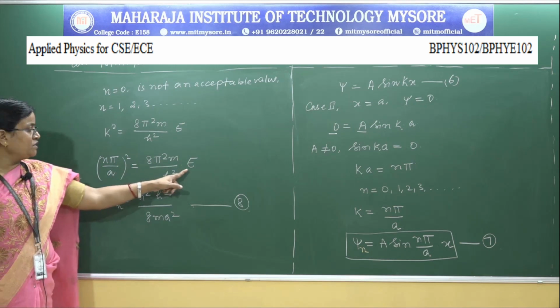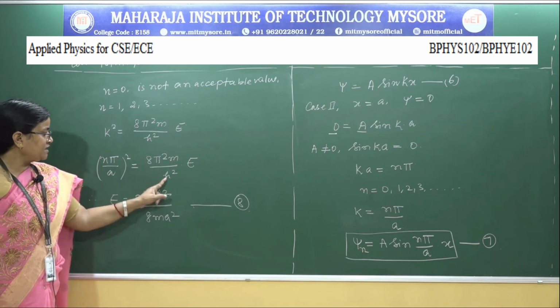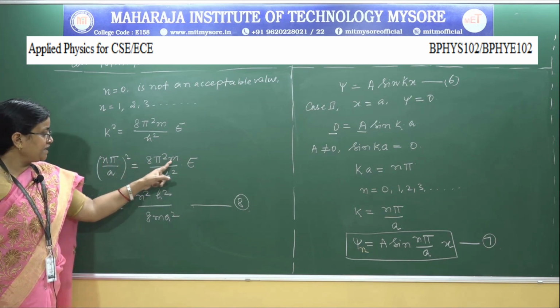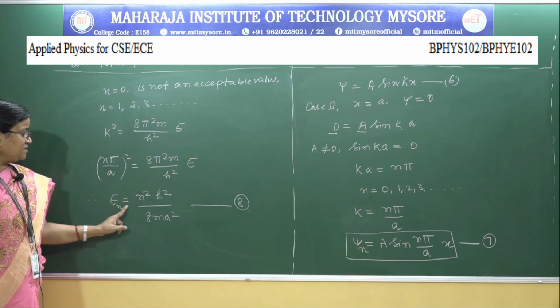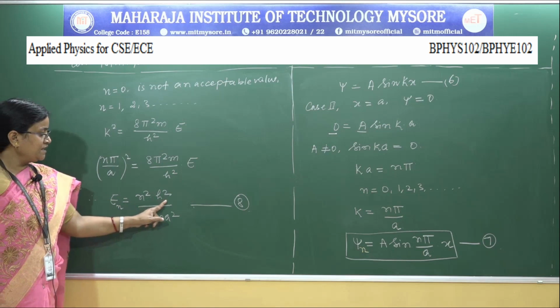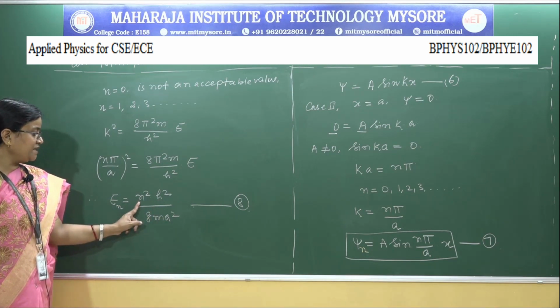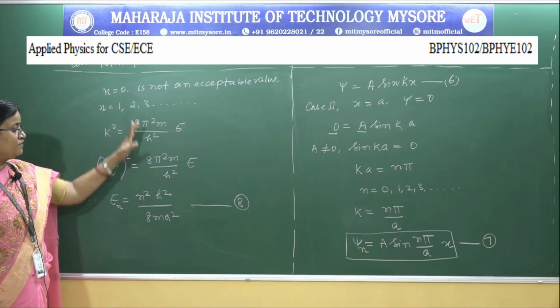So, further if you cross multiply it, E will be equal to n square h square divided by 8 m a square. So, we have E n is equal to n square h square by 8 m a square. Already I have explained it, n is equal to 0 is not an acceptable value.